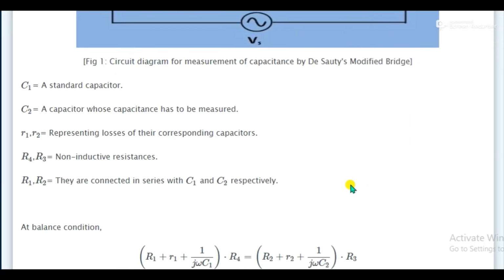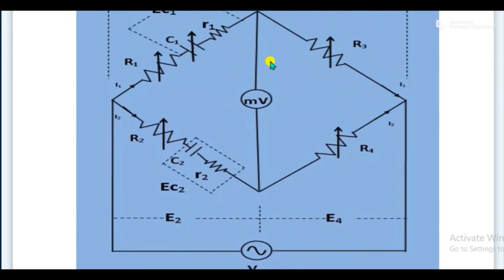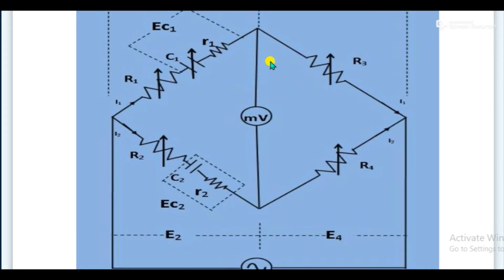And these are known inductive resistances. So at the balanced condition, we know very well that the ratio is equal. So how will we describe it, that the principle is of Wheatstone bridge null detection method. When the bridge balances, the ratio of impedances are equal. This balance can be obtained by varying these resistances, capital R1, R2, R3, R4. We can vary these to get the ratio of impedances to be equal.